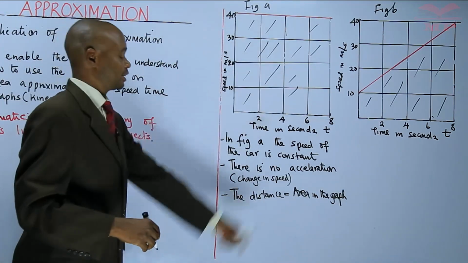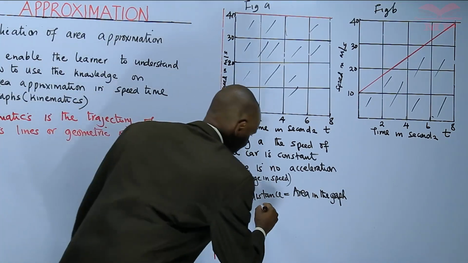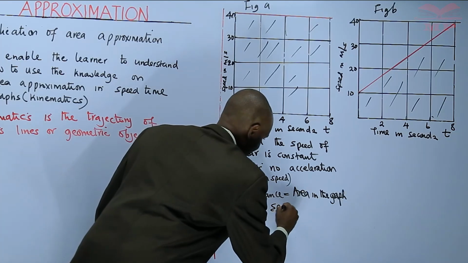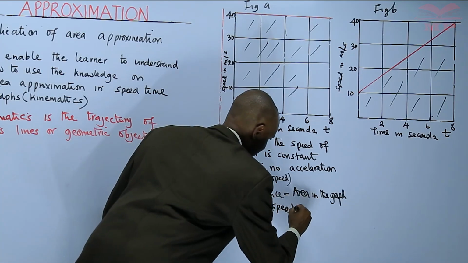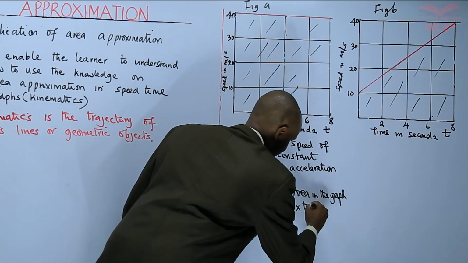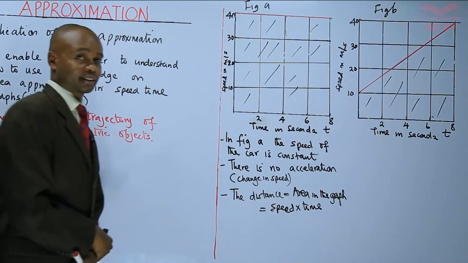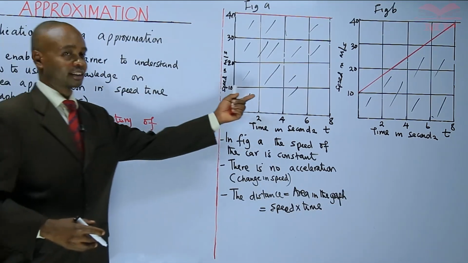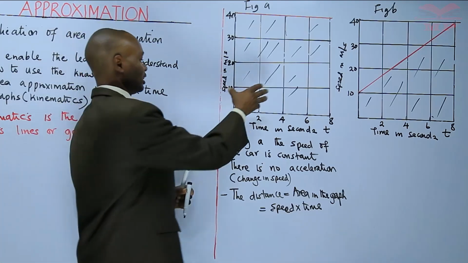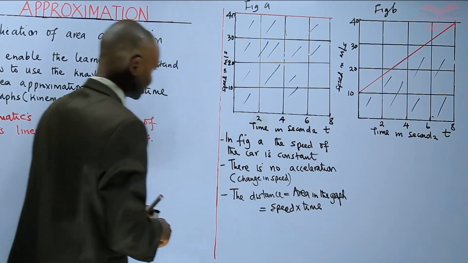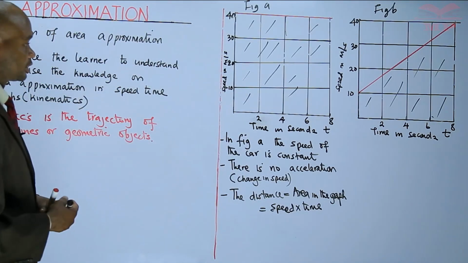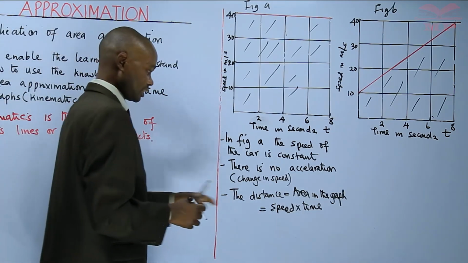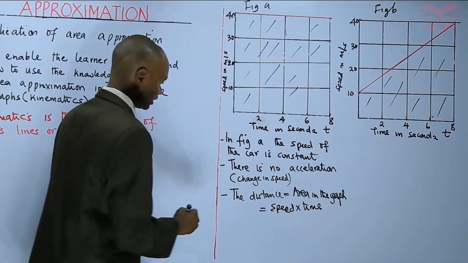This whole area will be the distance, which is given by speed times time. You see, I'm applying that information. When I get the area, the distance traveled will be the speed times time, which is the area in the graph.